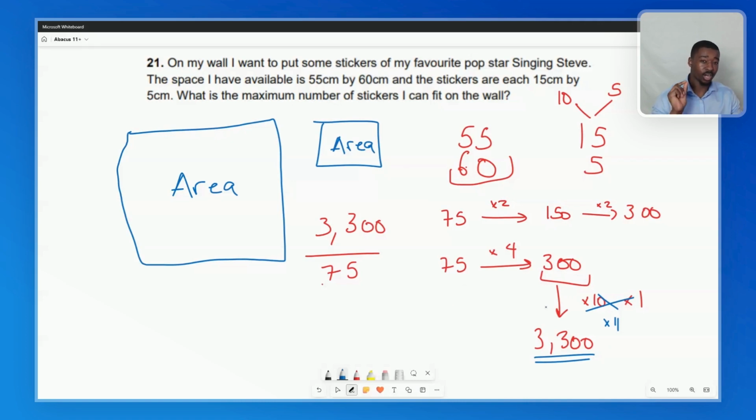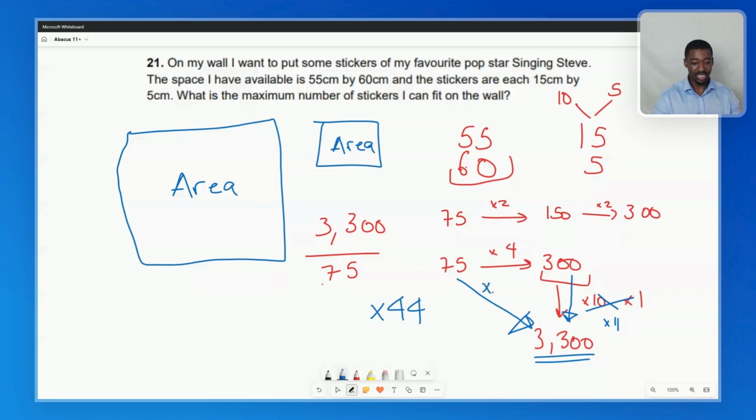But if 300 times 11 gives us 3,300, and 75 times 4 is 300, or 300 is just 4 times more than 75, that means if we're looking at 75s into 3,300 and not 300s into 3,300, it's going to be 4 times more. So instead of it being times 11, it's going to be times 11 times 4. Or in other words, it's going to be times 44.